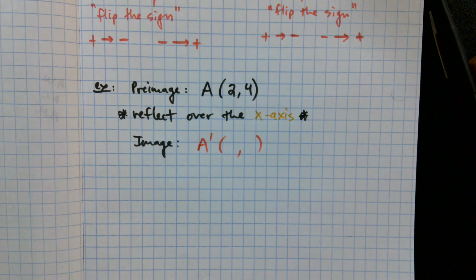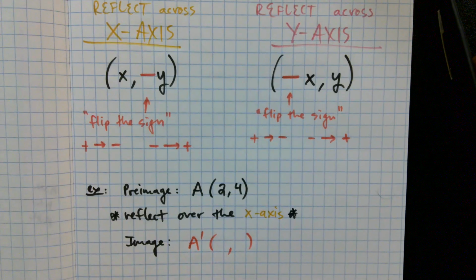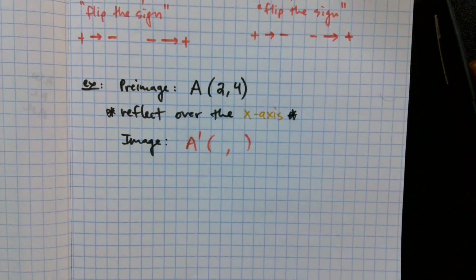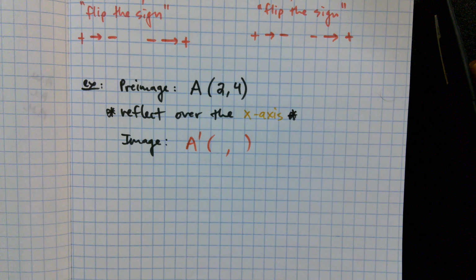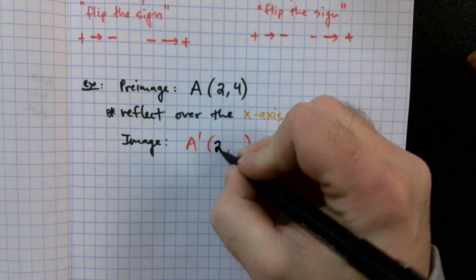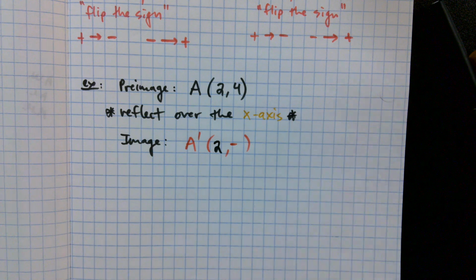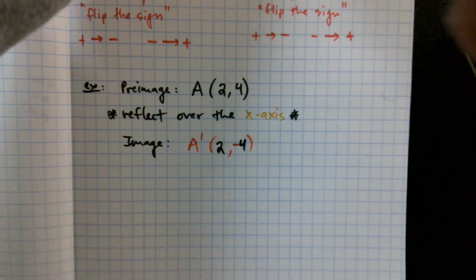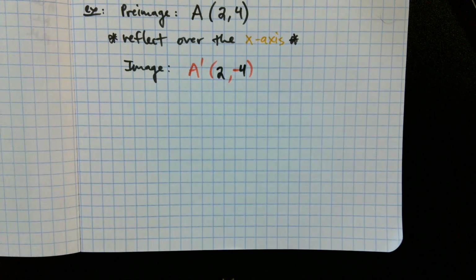The sign of my x or the sign of my y? My y. Well, what's my y here? In point A, 4. So what's the inverse of positive 4? Negative 4. Am I going to do anything with the 2? No. Nope. (2, -4). That's all. Right? We're just flipping the sign. If it's positive, we make it negative.